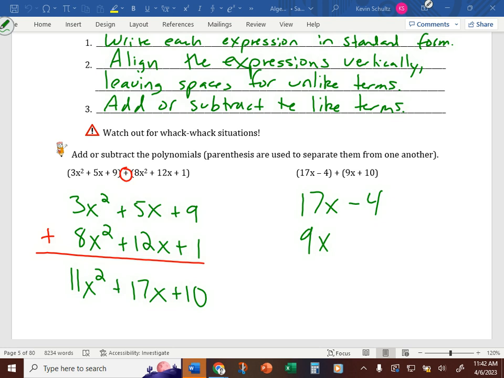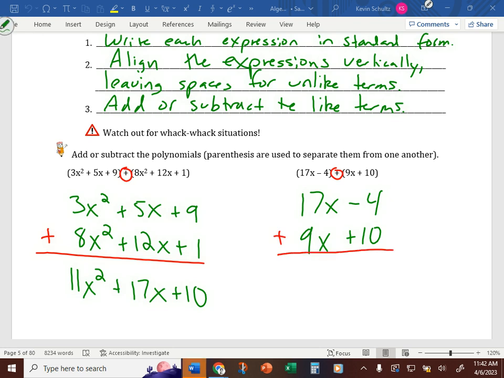And that constant 10 matches up with our constant negative 4, so it goes right below it. Again, we have not yet dealt with these unlike terms situation here. Okay, we'll get there in the bottom two. But these two both have partners. Okay. Again, we're adding, so we're going to circle this just to remind ourselves, put it out in front.